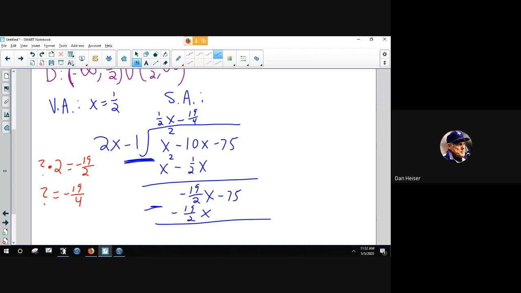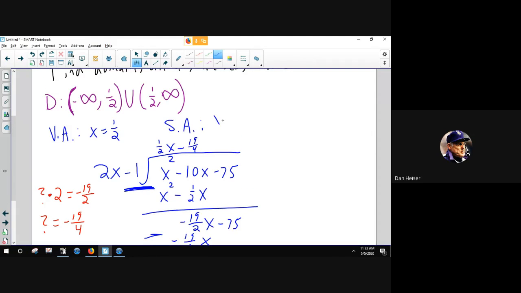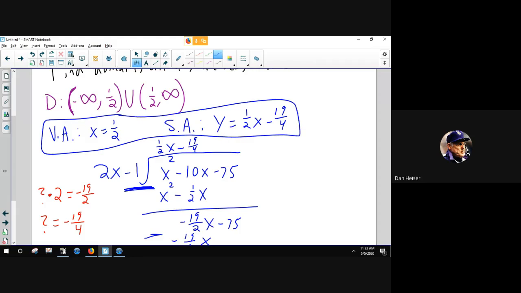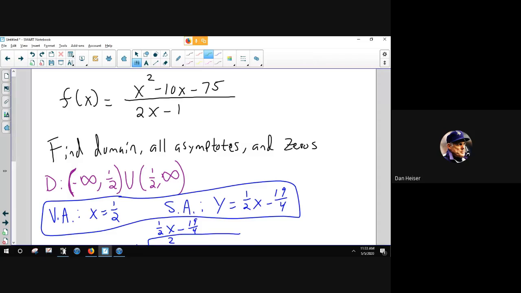And we're done. We have our mx plus b form. This is our slant asymptote. Y equals 1/2 x minus 19/4. So we have our vertical and we have our slant. What's left is to find the zeros of this function.